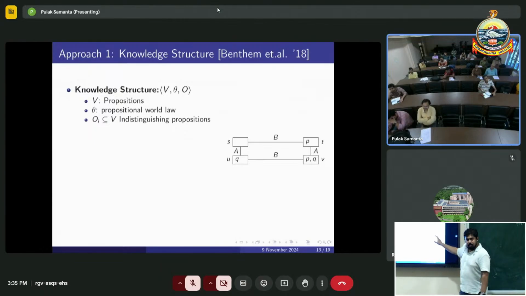You see this Kripke model, it has four possibilities, based on two propositions, P and Q. Here, both P and Q are false. Here, only P is true, Q is false. Here, Q is true, P is false, and here both P and Q are true. A cannot distinguish between these two and these two. B cannot distinguish between these two and these two.